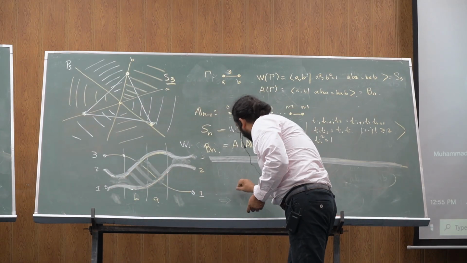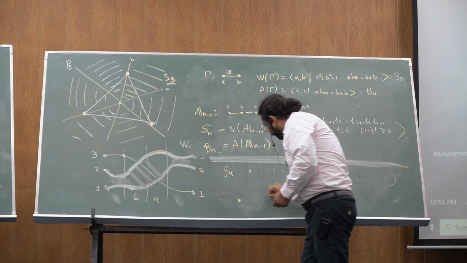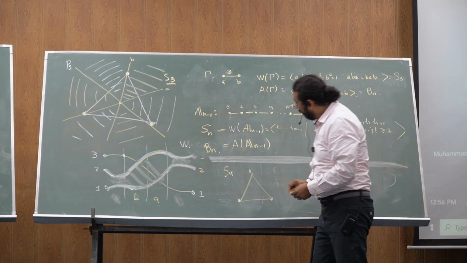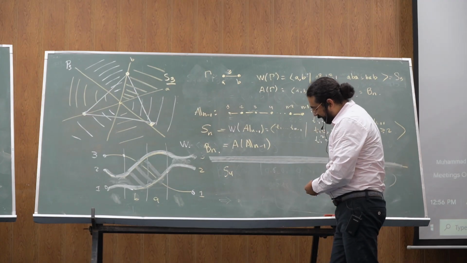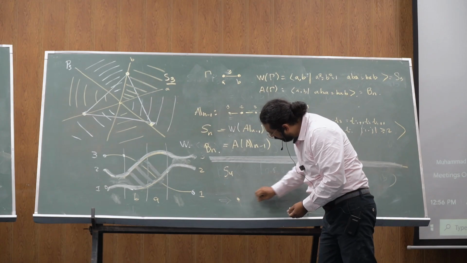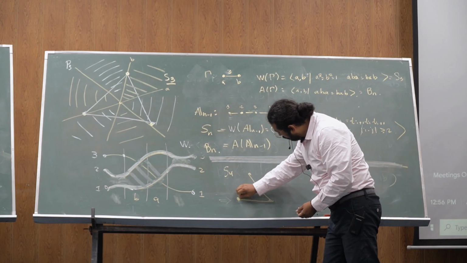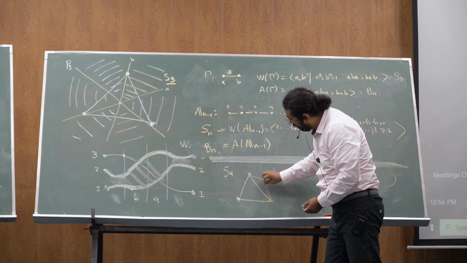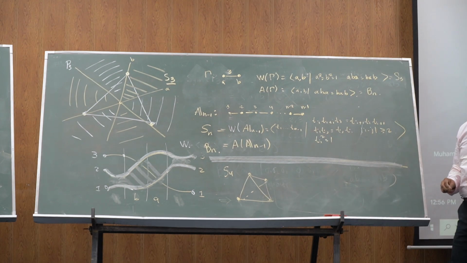So for S4, we have this, but then we will add a new vertex, and then we will have the tetrahedron.